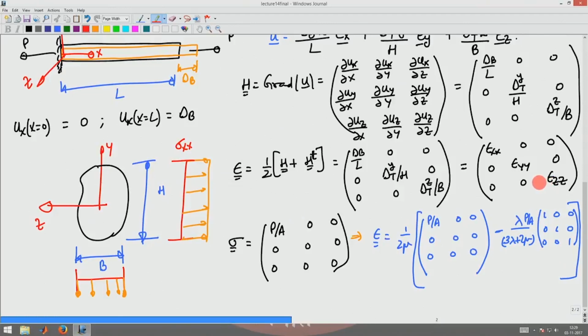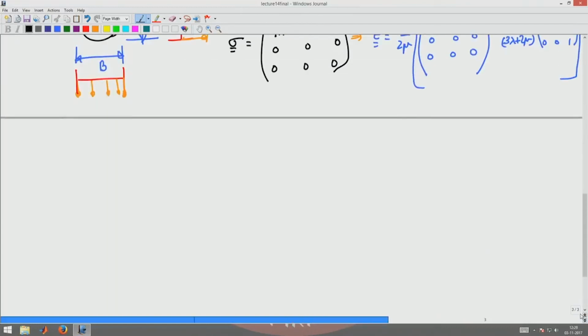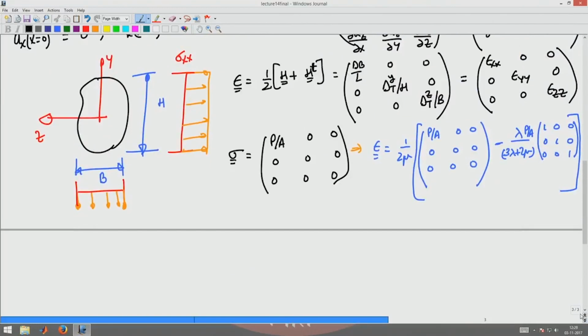Okay. So, basically now from here I get to know that epsilon xx would be given by P by A into 1 by 2 mu minus lambda by 2 mu (3 lambda plus 2 mu). Okay.